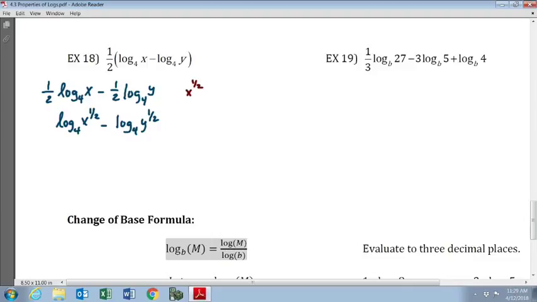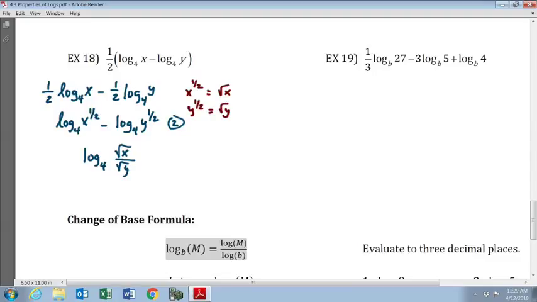And so now we can use the quotient rule. And also remember, anything to the 1/2 power is a square root. So I'm going to go ahead and take care of that too. So let's use the quotient rule. I said that wrong. We already used the power rule.